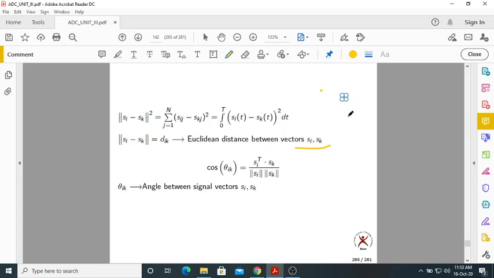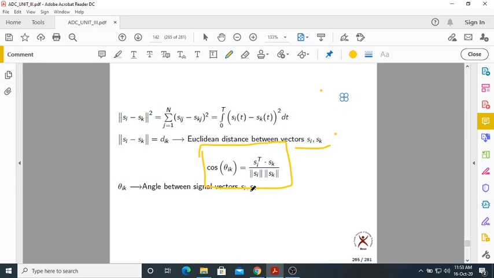A dot B by mod A into mod B, something you might have studied. Same thing here, but we take the transpose. So cos of theta ik equals Si transpose into Sk by norm Si into norm Sk. It is just simple mathematics. It is nothing that difficult.